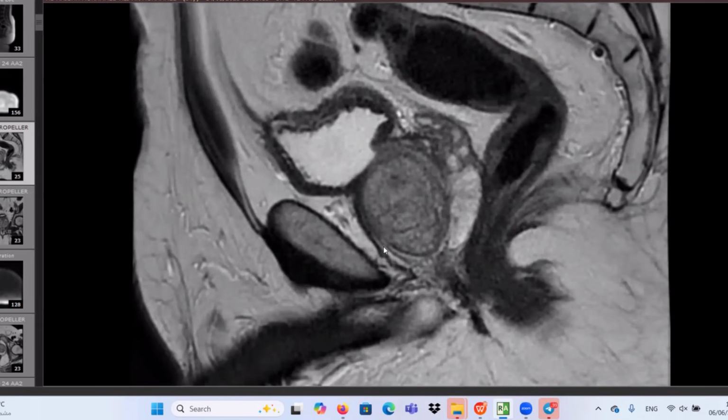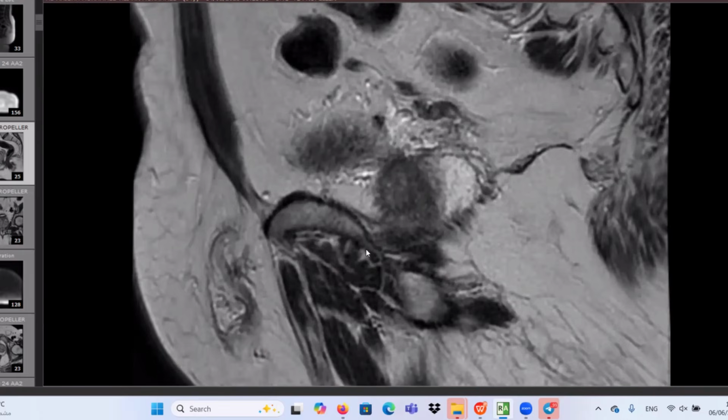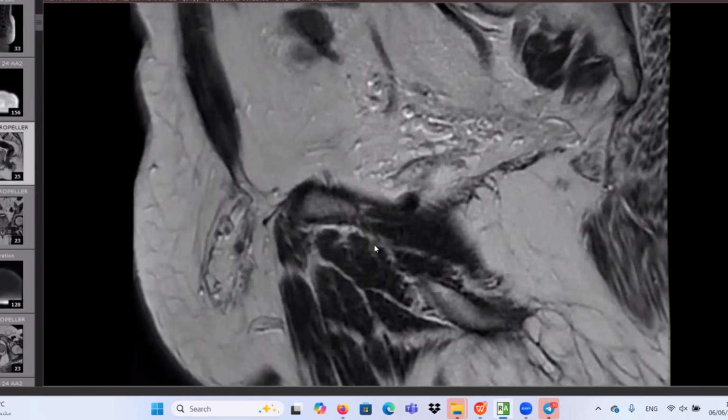We have some important points in the sagittal view. This is the urachus attached to the urinary bladder. And this is the ureter.